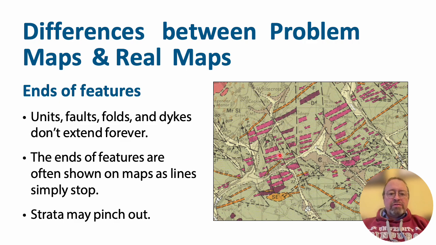This is an example of some short pink-coloured igneous dikes here. They may really be this short, or they may just simply be going under the grass and nobody knows where they go, so they only mark the bit that they are sure of. In the same way, faults will peter out, and even stratigraphic units may pinch out, so they don't go on forever. And that's something that's a bit different, and you have to think about that.